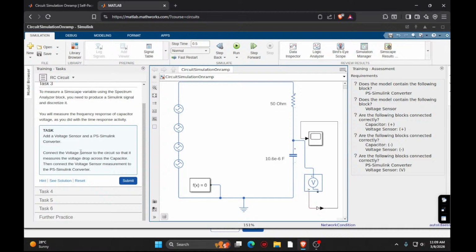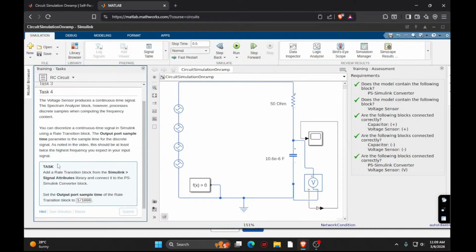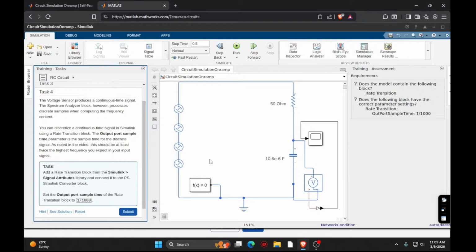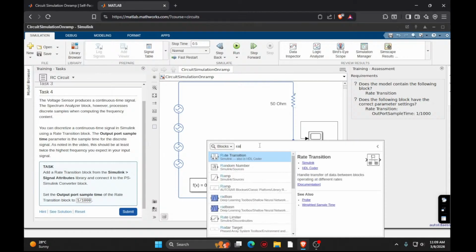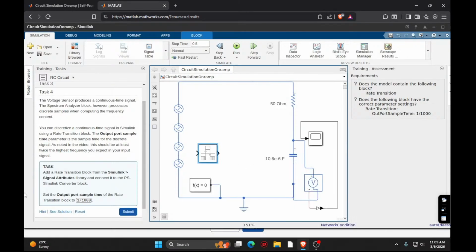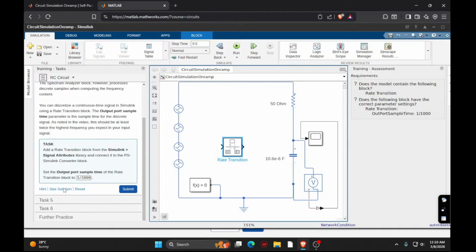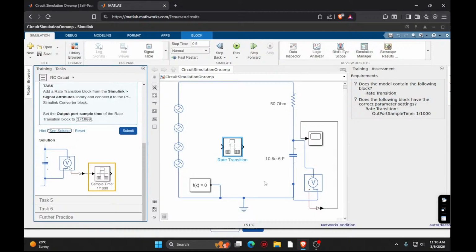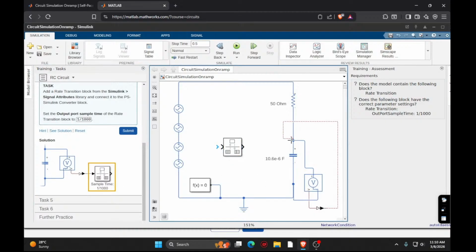Capacitor. Add the rate transition block from the Simulink signal attributes. Instead of the scope, we have to add the spectrum analyzer here.